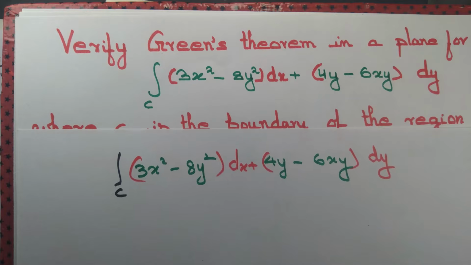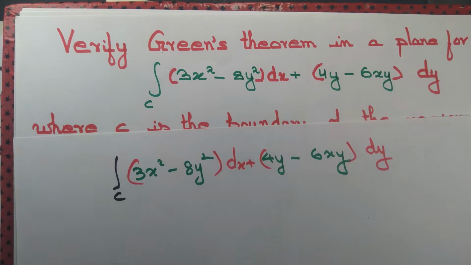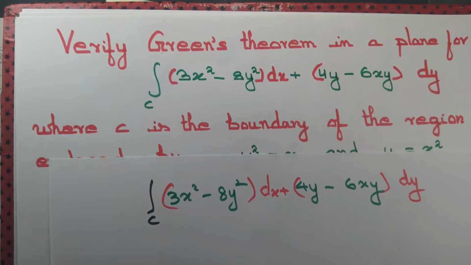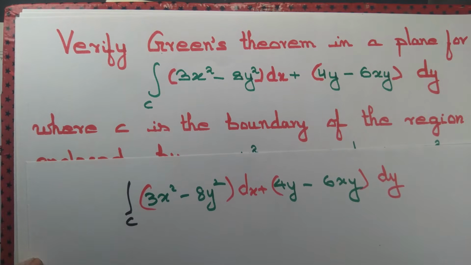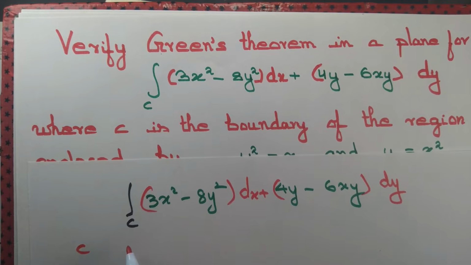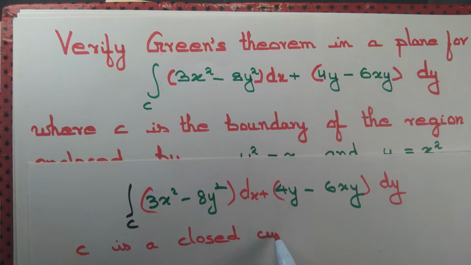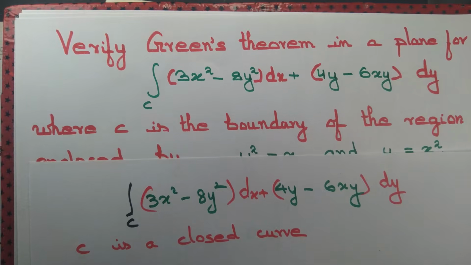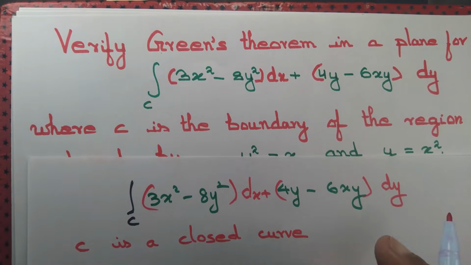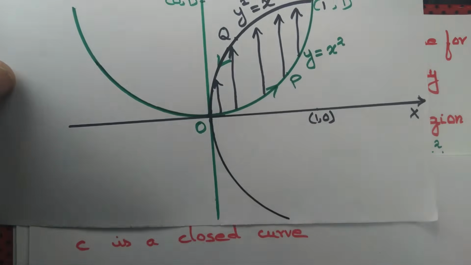Now the closed curve consists of parts. The curve C is a closed curve, as you can see in the figure.